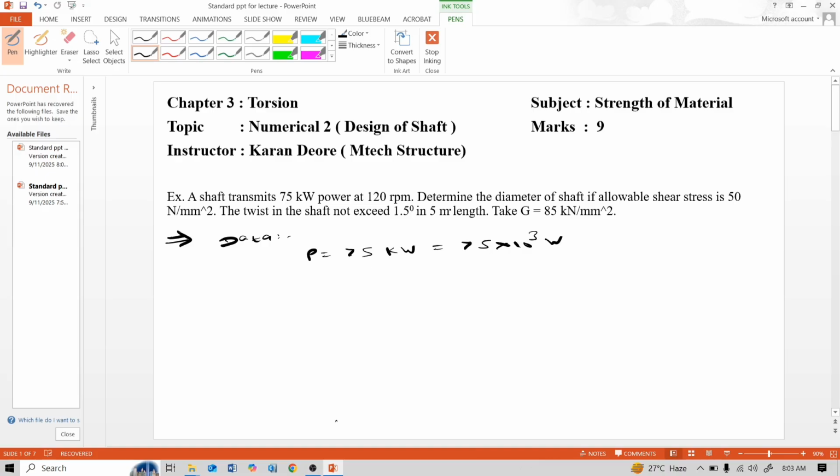Length is 5 meter, that means 5000 mm. Number of revolutions, denoted as capital N, is 120 rpm, revolution per minute. G is shear modulus, 85 kN per mm square.